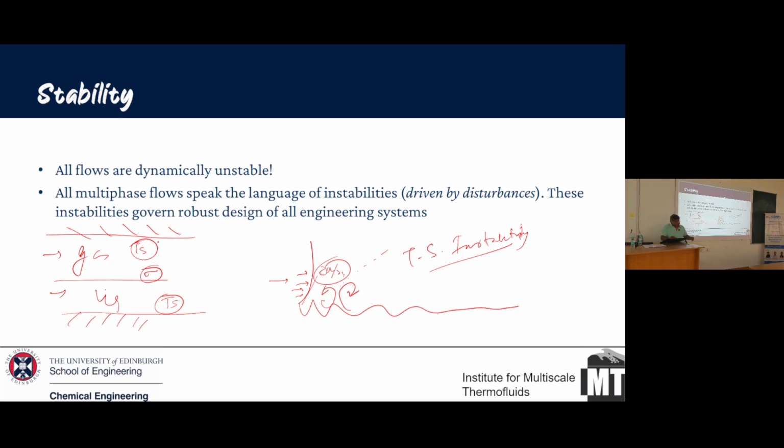So in any multi-phase flow, when both gas and liquid are moving, they are subject to three instabilities: the shear instability in the gas phase, the shear instability in the liquid phase, and the interfacial instability. That's why you have waves in flow.